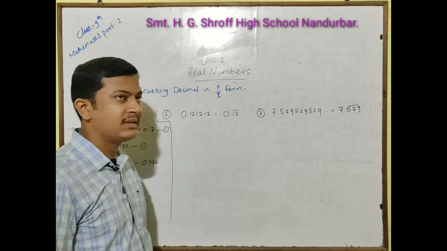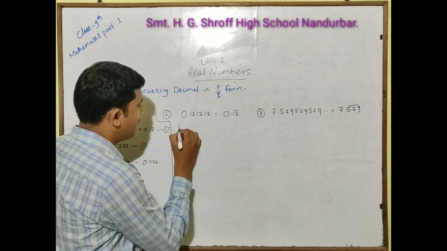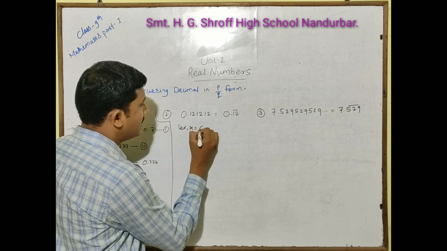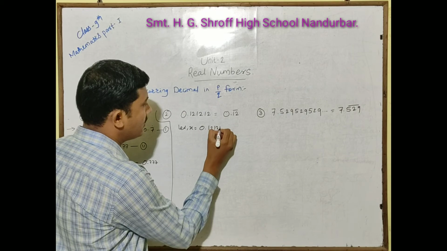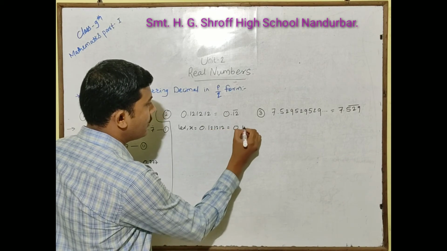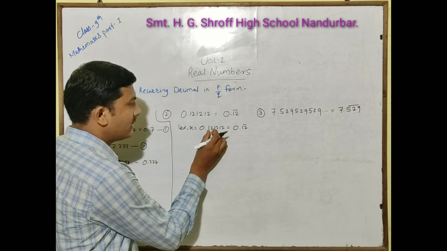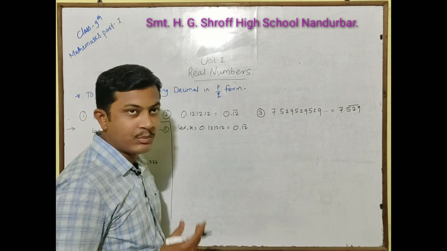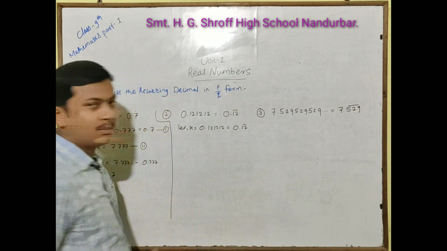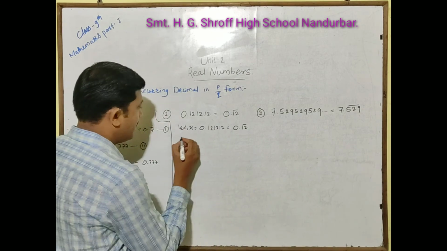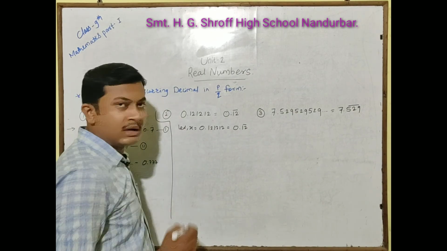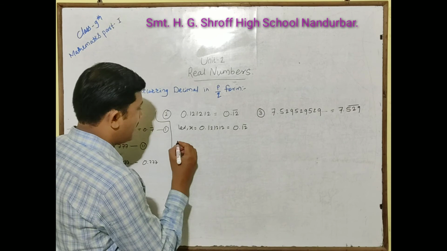Same for this example. Let us assume it as x. Let x equal 0.121212, that is equal to 0.12 with a bar. Here two digits are repeating after the decimal point, so in this case you have to multiply by 100. Now multiply both sides by 100.